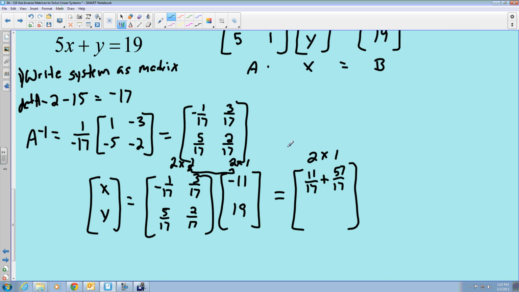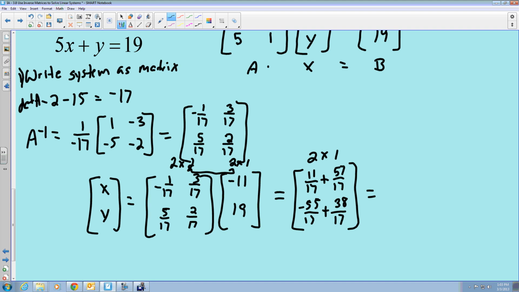And then to get my row 2, column 1, I'm going to use row 2 of my inverse and column 1 of my constant matrix. So I've got 5/17 times negative 11, which gives me negative 55 over 17, plus 2/17 times 19, so that'd be 38 over 17.